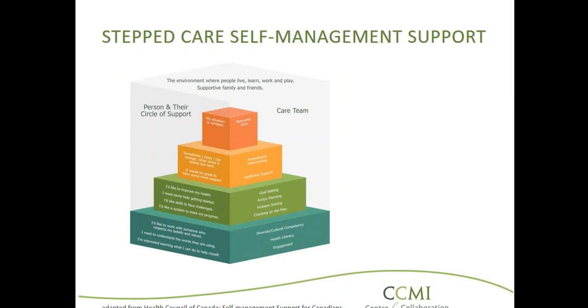And that might involve techniques like motivational interviewing, which many of you have heard. And then when we get to the top step, we're talking about very complex care here for patients that might need more than just goal setting and action planning, may need more than motivational interviewing, and may need really a specialty team of care to manage their chronic condition or their situation effectively.